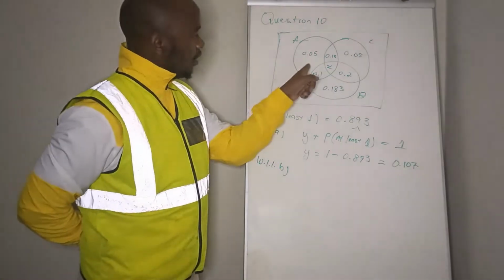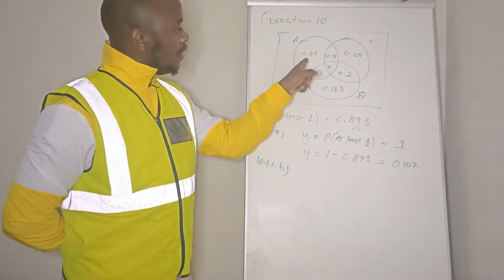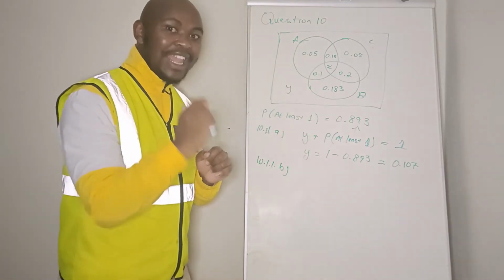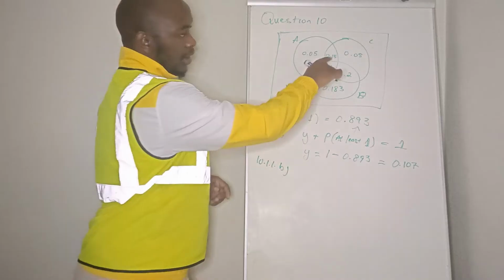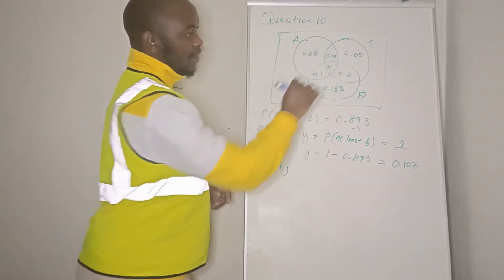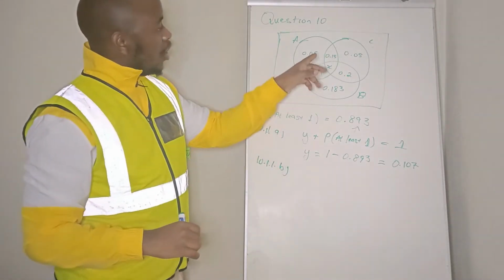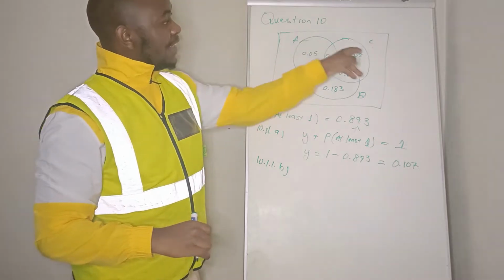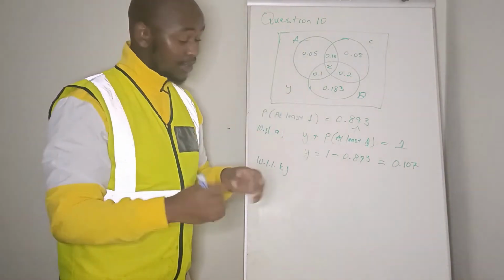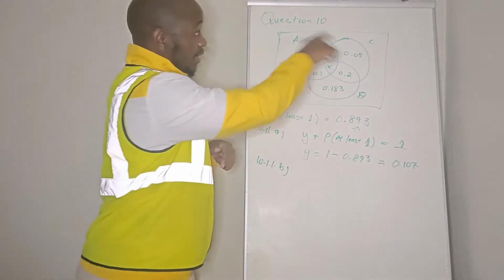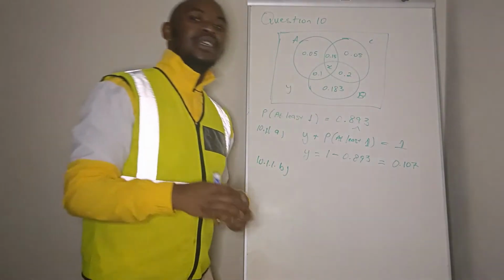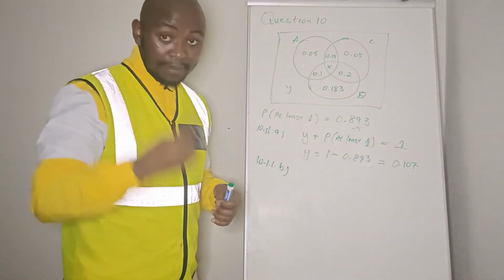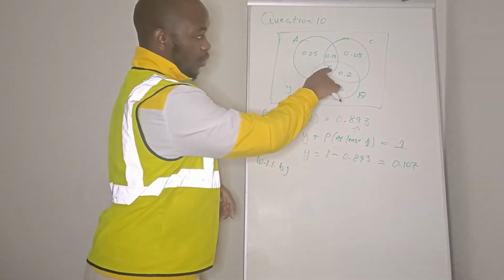So this is the probability that only A happens. And then 0.15, this is the event that A and C only happen. So at the same time, A and C happen. That's the probability. Now, when we say the probability that all events happen at the same time, then we speak of X.